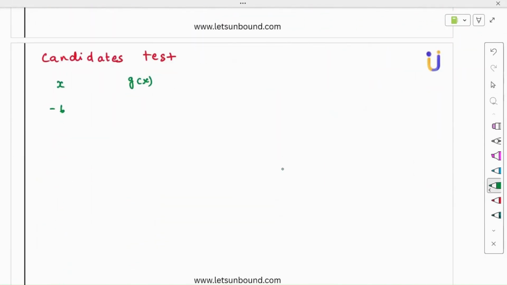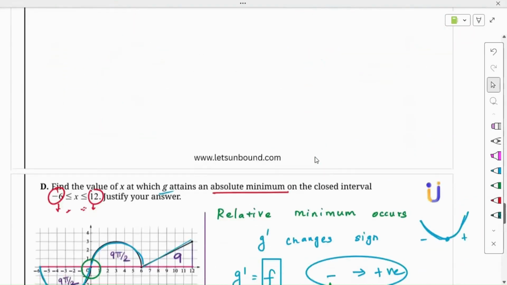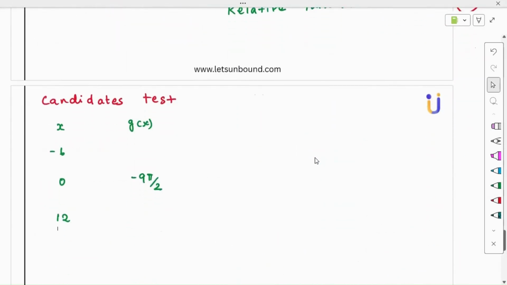G of 0 is already solved and we got -9 pi by 2. And g of 12 we solved already, it is 9. Right? Only thing I need to find is g of -6. Then easily we can pick which is the minimum value.